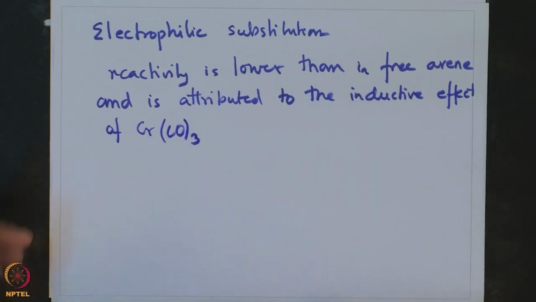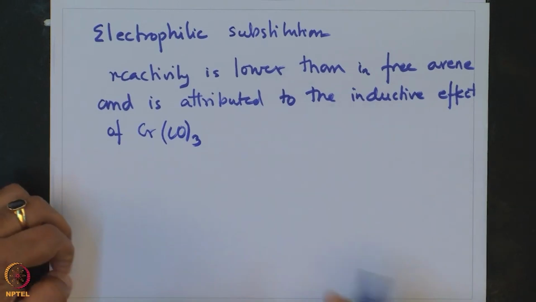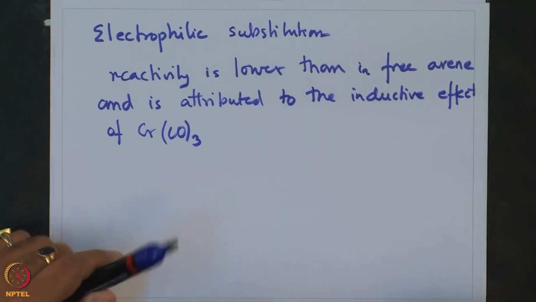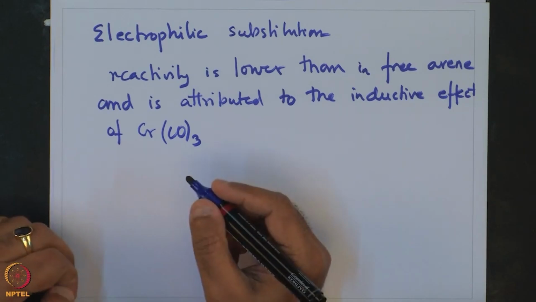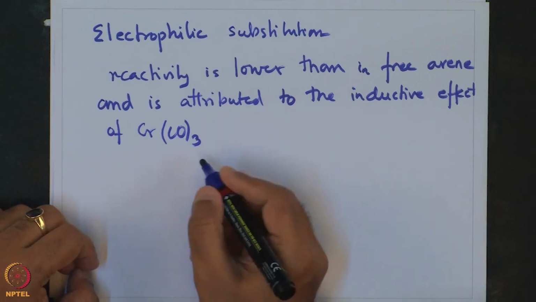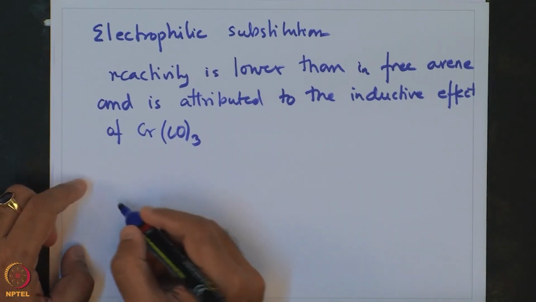So that means that electrophilic reaction sort of occurs, but occurs very slowly, and that is because of the inductive effect of the chromium tricarbonyl unit, whereas nucleophilic substitution occurs readily.